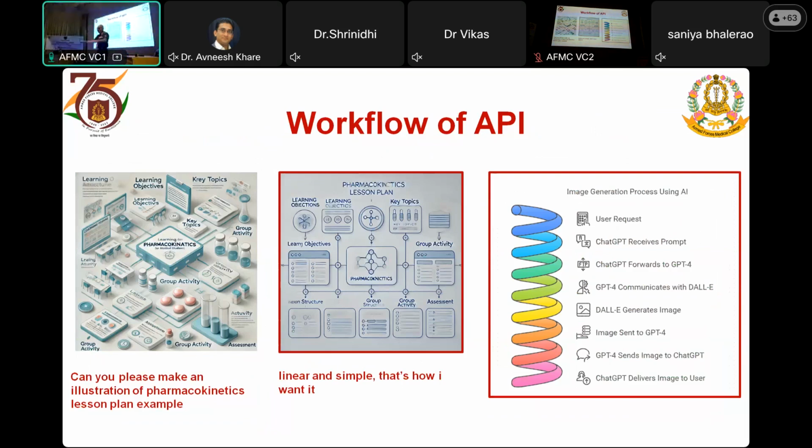So that's what API is, right? I took this information from ChatGPT, put it into Napkin AI, and Napkin AI told me that when we give a prompt, ChatGPT receives it, forwards it to GPT-4, GPT-4 sends it to DALL-E, DALL-E generates the image, which is sent back to GPT-4, then it comes to me through ChatGPT. So this is how APIs would work.